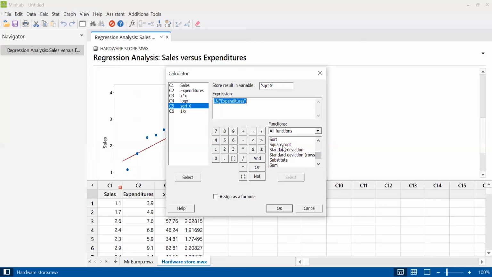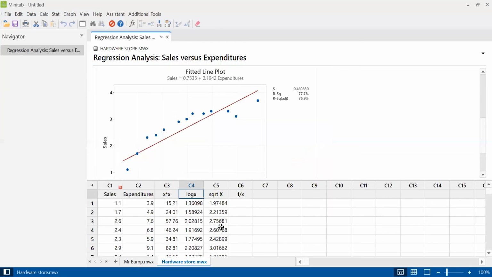There we go. That's the square root. So I'm gonna double click on it, or you can click on it and say select. Either way works. And within expenditure, whatever was left there is highlighted. So now I'm gonna double click on expenditures to get the right expression. Now we have square root of expenditures. So click OK again, and you will see the numbers are filled in automatically.